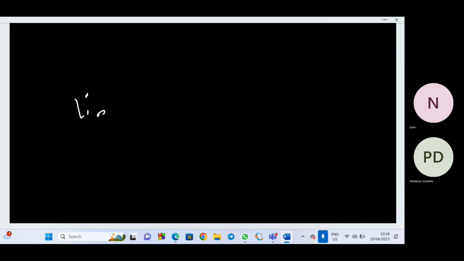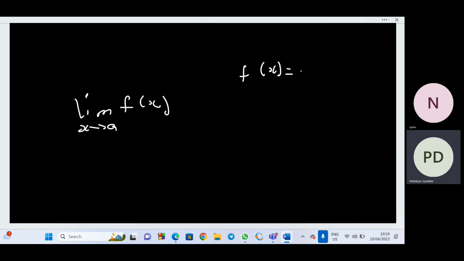If you have the limit as x approaches a, where a is just any number, of f of x, and our f of x is in the form of, let's say, x squared plus x plus 1, then you can say the limit as x approaches a of x squared plus x plus 1.